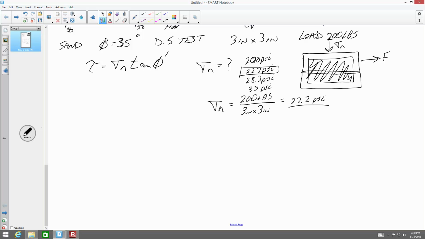Determine the shear stress on the sample at failure. So it wants to know what this value is here at failure. Answers can be 15.6 psi, 22.2, 70, 28.3.